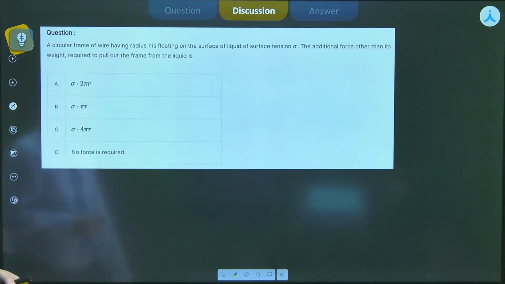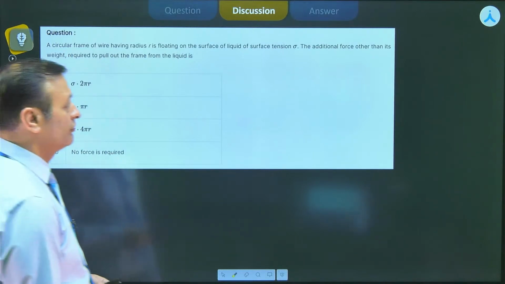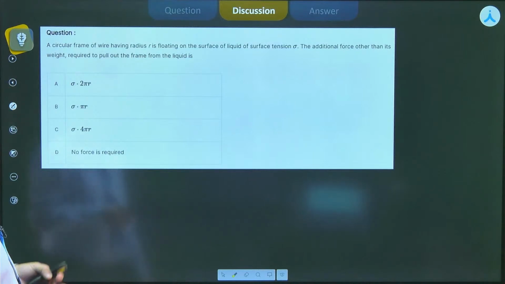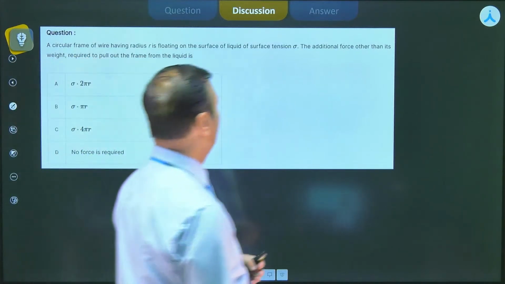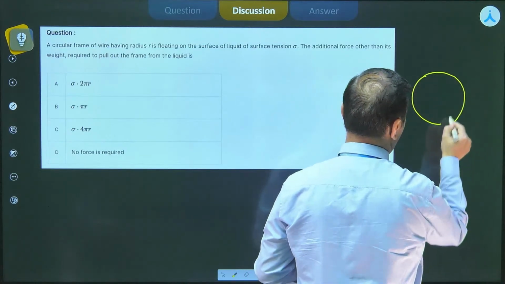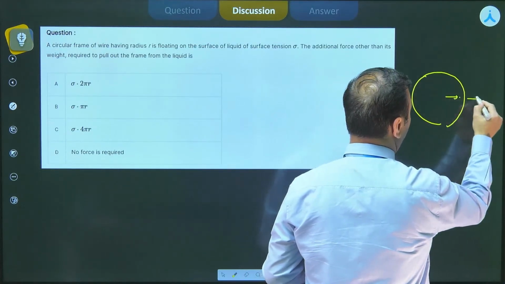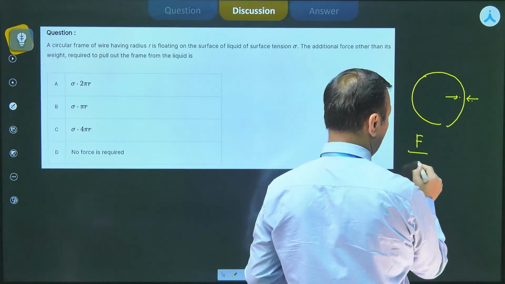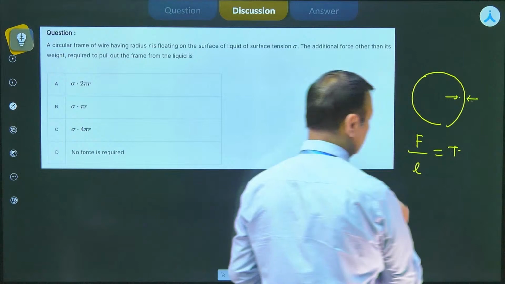Next, a circular frame of wire having radius r is floating on the surface of a liquid of surface tension sigma. What is the additional force other than its weight? We have a frame of wire that is in contact with water from both surfaces. Surface tension is basically force per unit length.